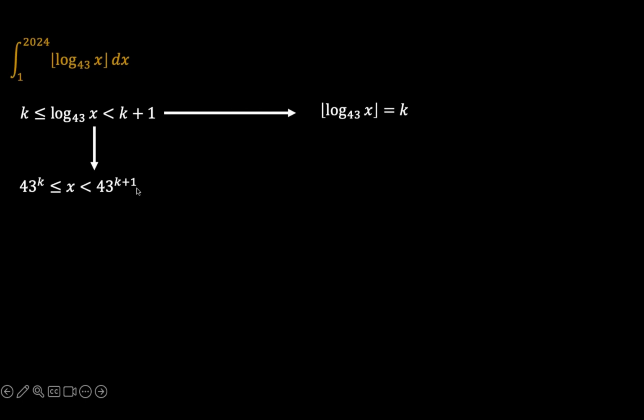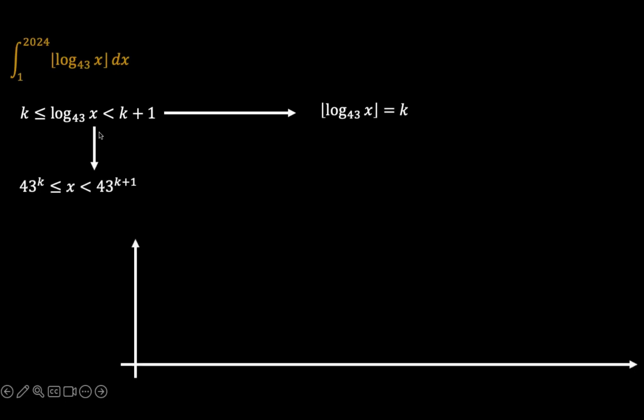So when we now try to plot this within the interval provided, between x equals 1 and x equals 2024, we'll have the x-axis and the y-axis shown here. So we have x horizontal, and then we have the floor function of the log to the base 43 of x on the vertical.